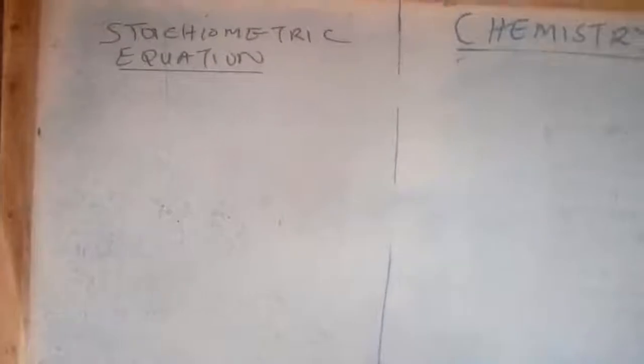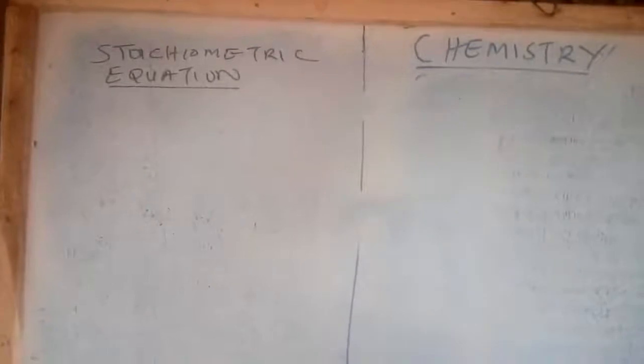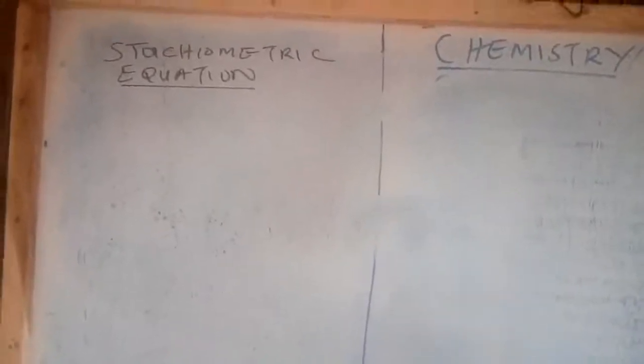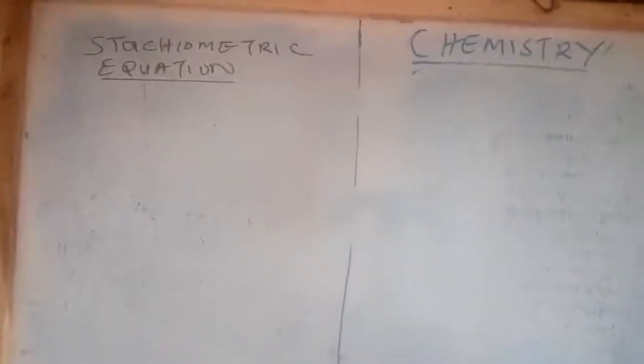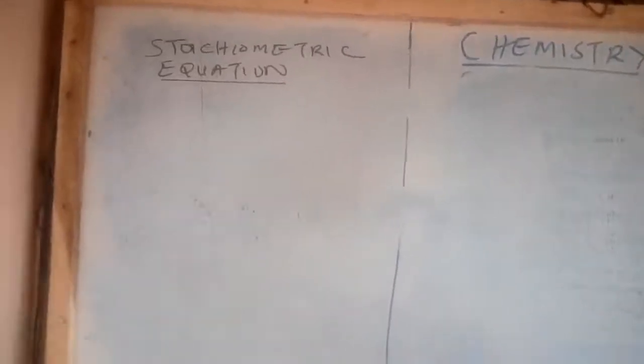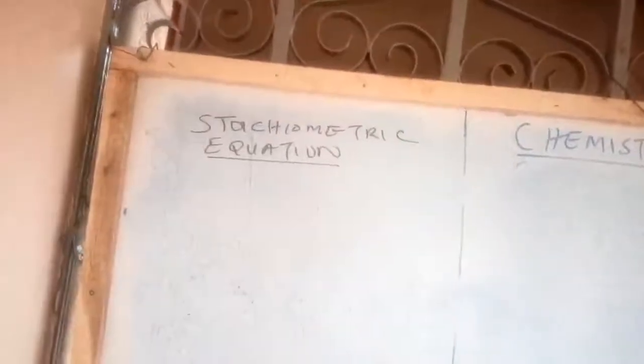A stoichiometric equation is a chemical equation in which the reactants and products are expressed in whole number ratio, as far as the definition is concerned.